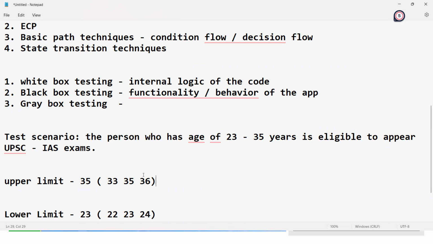Okay, system should not allow. That means if you are only 22 years old, the system should not allow you to appear for the IAS exams. The registration form should not allow you to register your details if you are below 23 years.